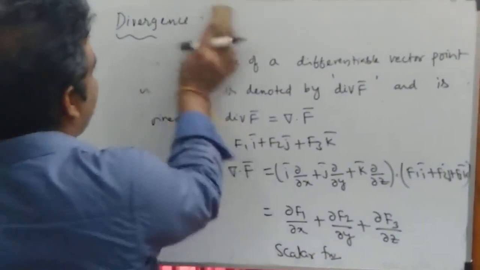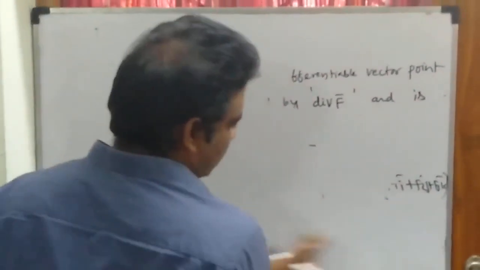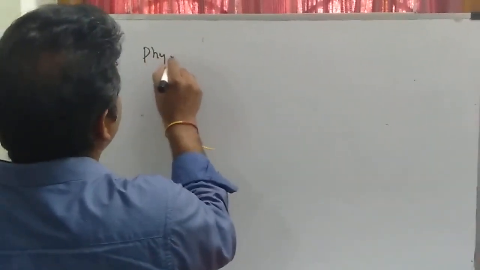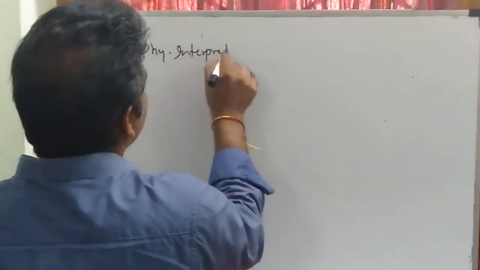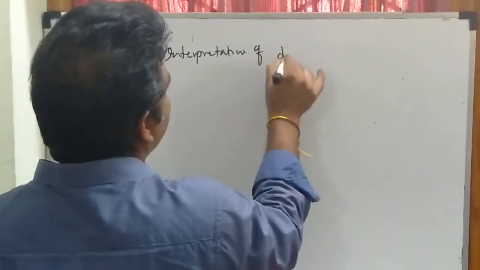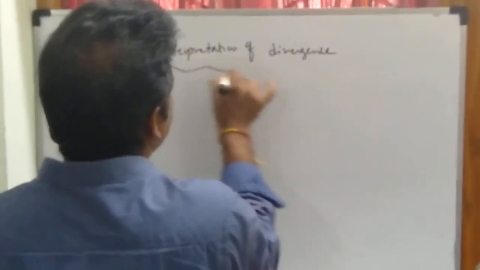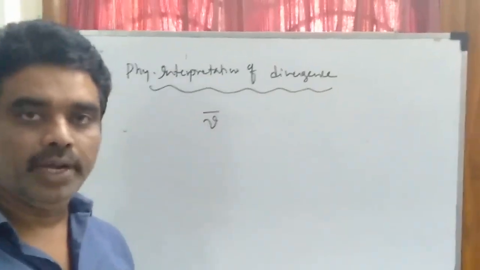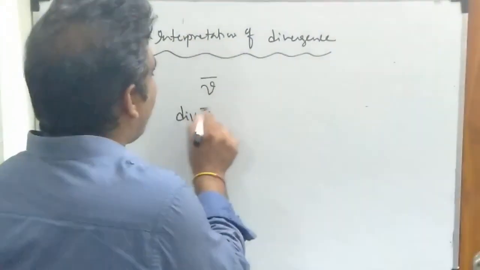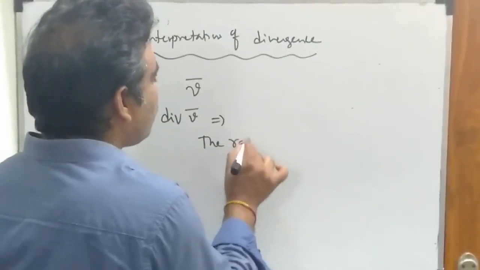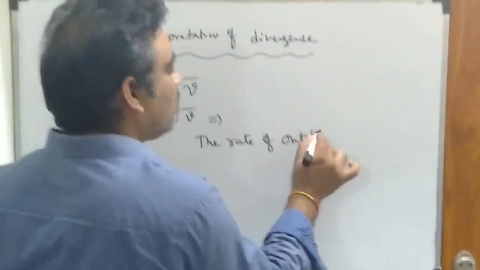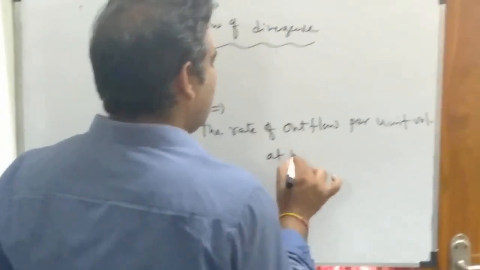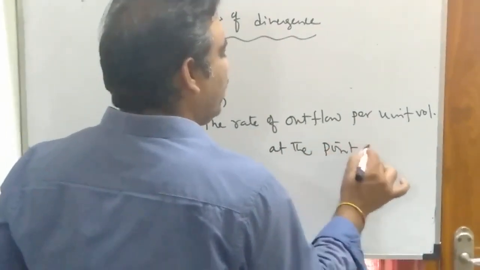The physical interpretation of divergence is, suppose v bar is the velocity vector of a fluid, then divergence of v bar gives the rate of outflow per unit volume at the point of the fluid.